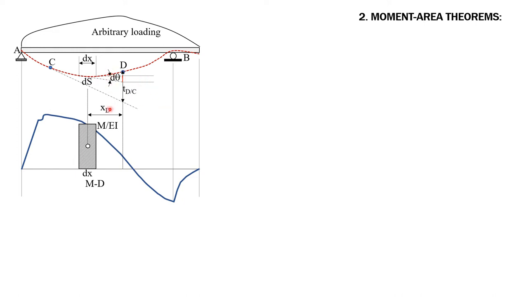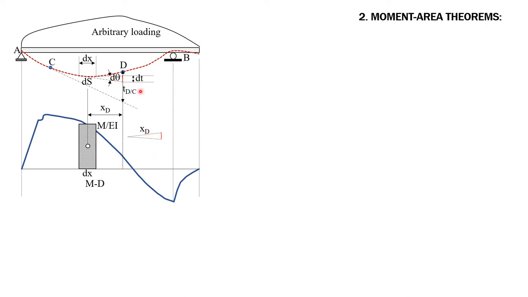Therefore, this is equal to radius x sub D times differential theta, and that is differential t.